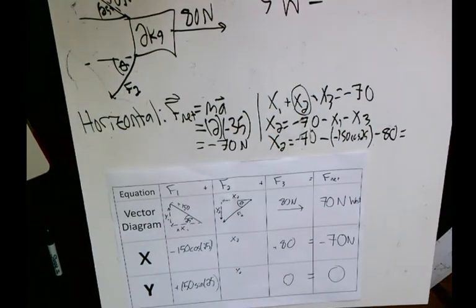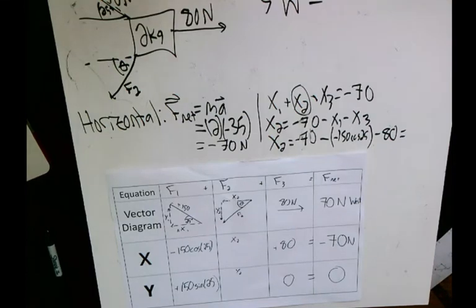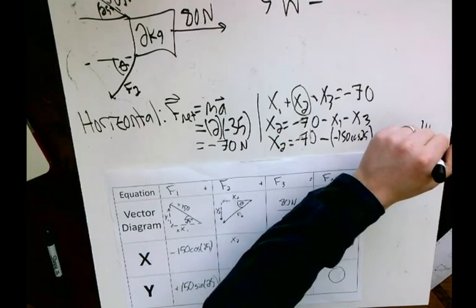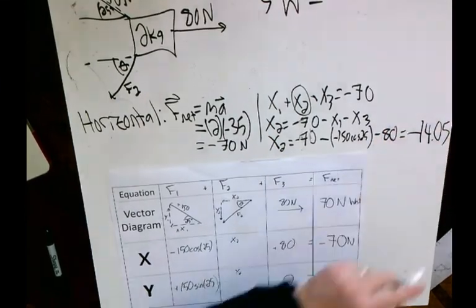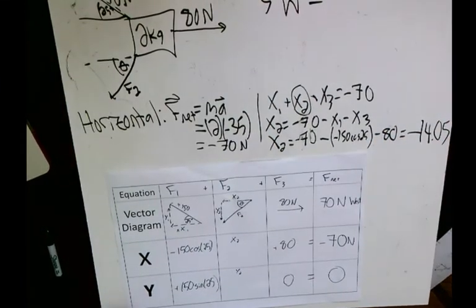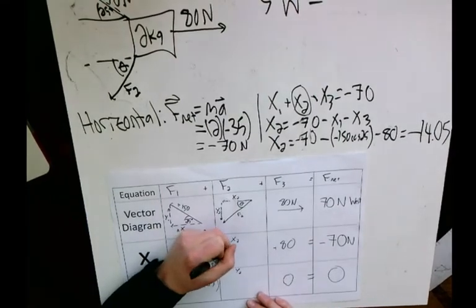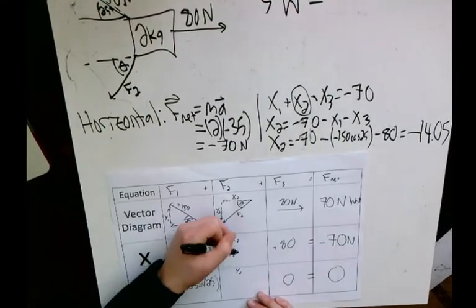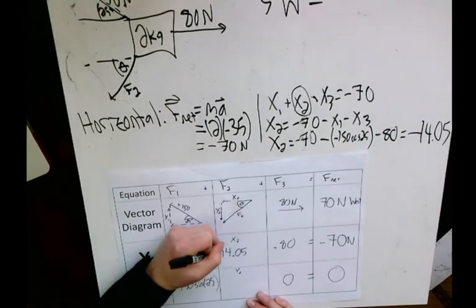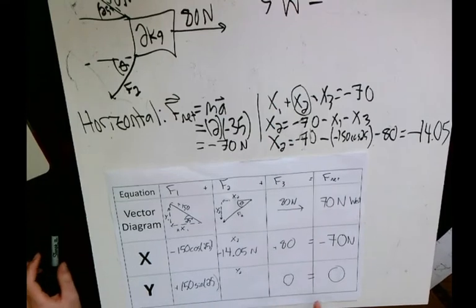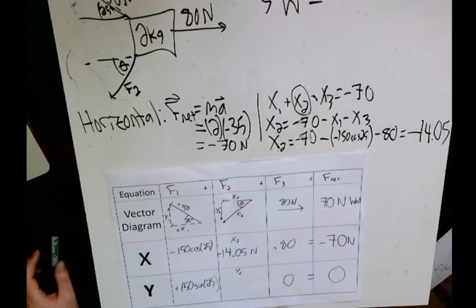And that'll come out as negative 14.05 to the west. Right, so we can write that in here. And we have to do the same thing in the vertical, but I'm not actually going to write it out.